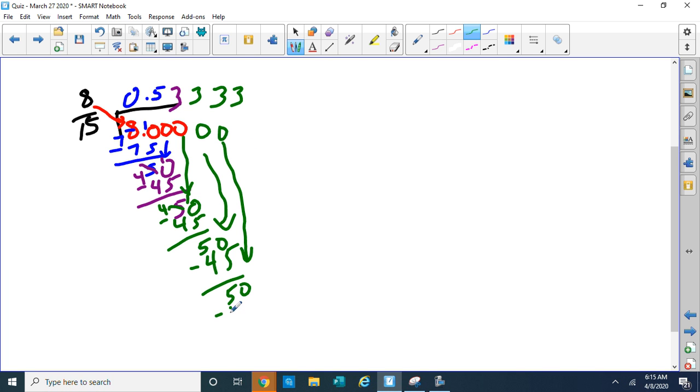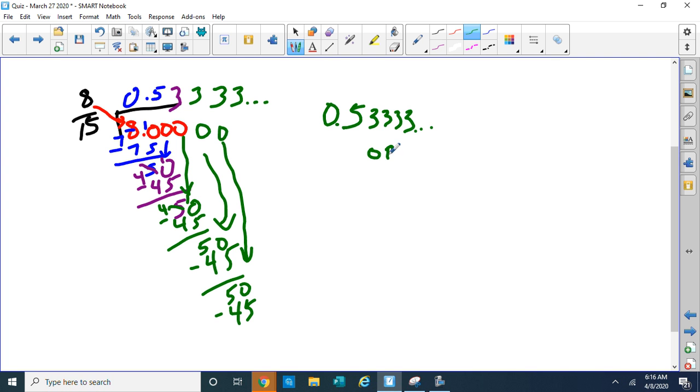So I'm going to say the 3 is repeating over and over and over. So I'm going to put dot, dot, dot, 3 dots there. So my answer is going to be 0.5333 dot, dot, dot.